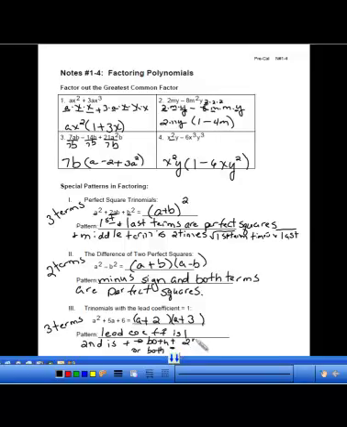If the second sign is negative, then you have one of your factors is positive, and one is negative.